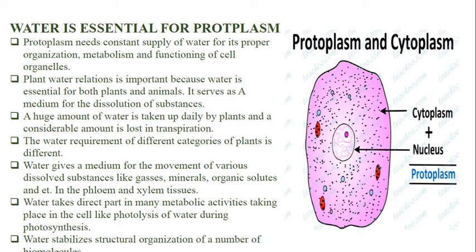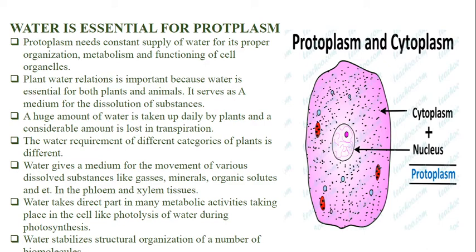Then it is most important for plants as well as animals, because the whole plant body is developed by 80% water, and it serves as a medium for dissolution of substances. A huge amount of water is taken up daily by plants, and a considerable amount is lost in transpiration.